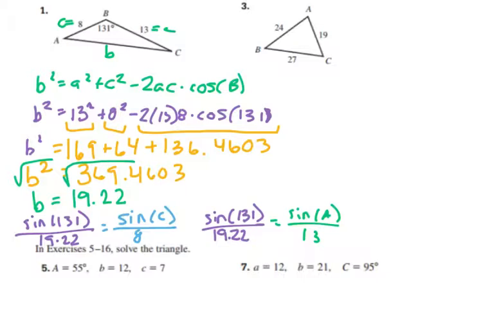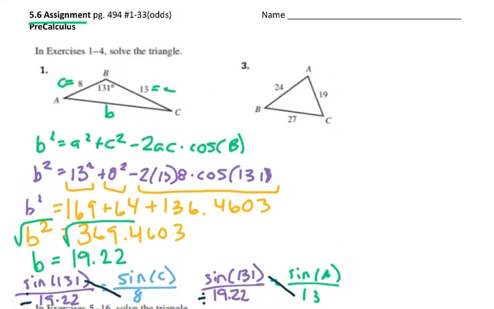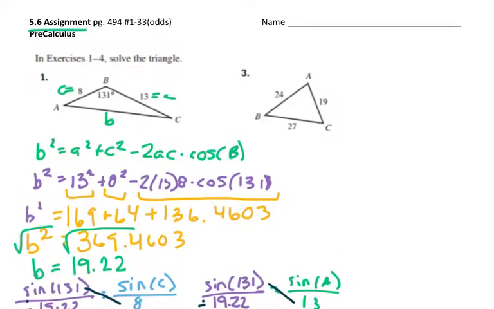And so in both of these we will cross multiply the two numbers, divide by our side length, and so we end up solving the triangle with B as 19.22.